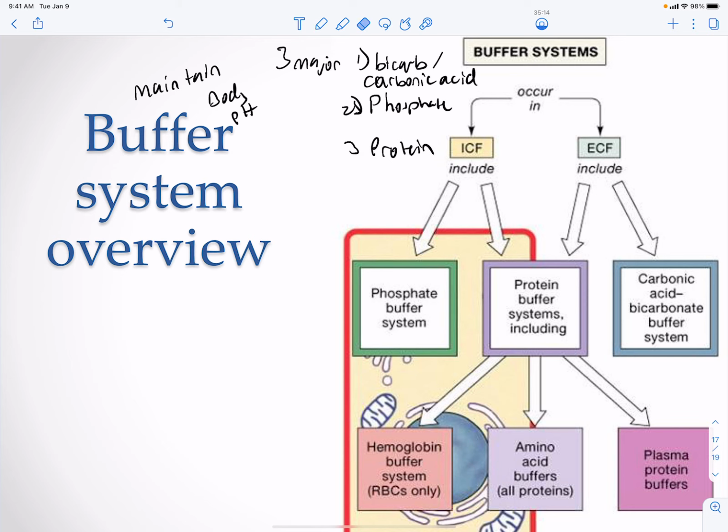And proteins are going to be hemoglobin in RBCs, and any amino acid with a histidine. Amino acids with histidine are going to be excellent buffers.